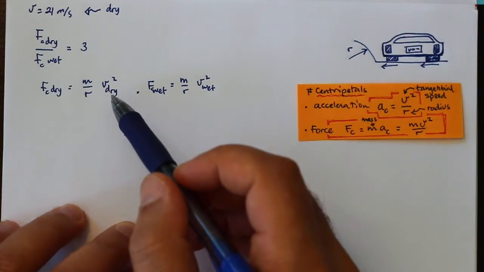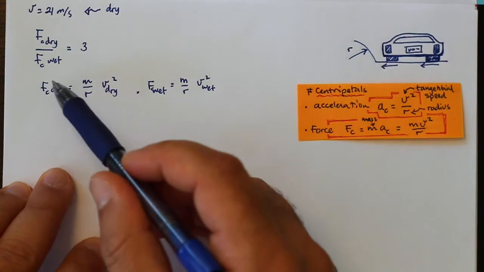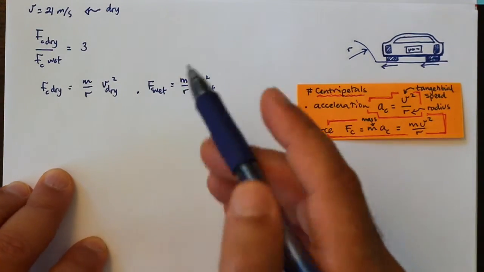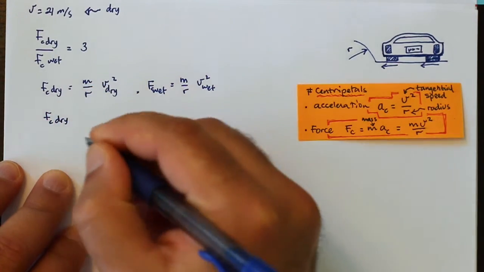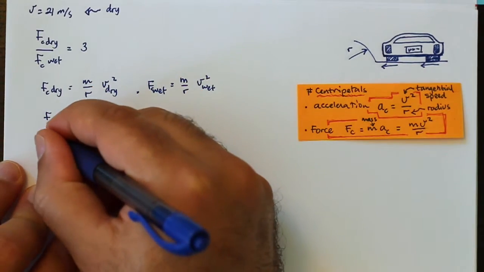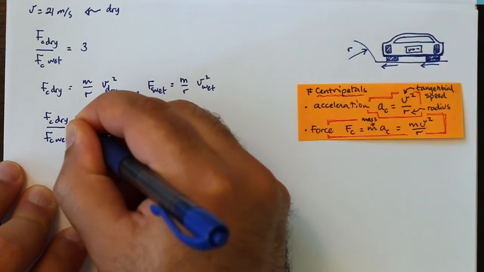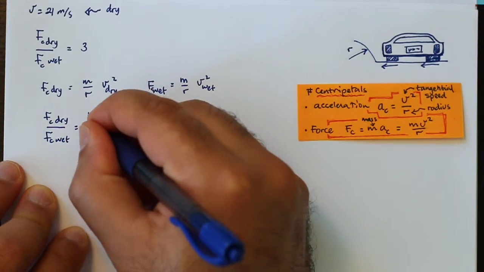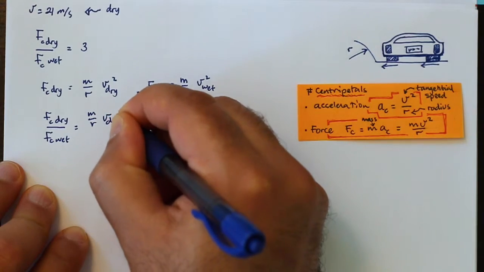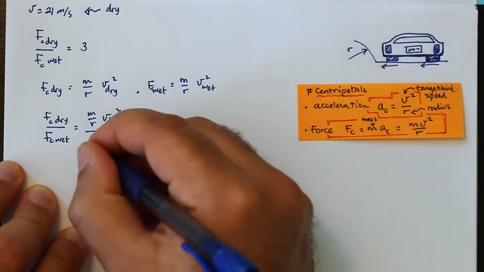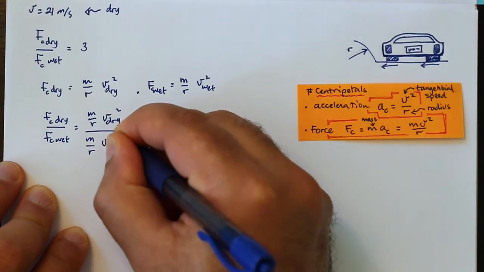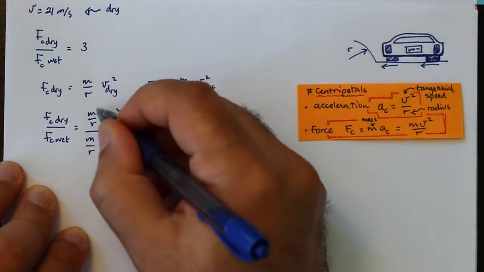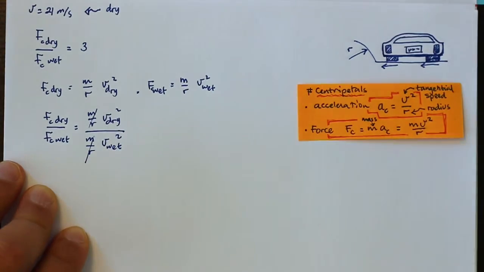So if I divide this equation by this equation, then I get FC dry over FC wet is equal to m over r v dry squared over m over r v wet squared. And the m over r cancels because that's constant, and I'm left with this relationship.